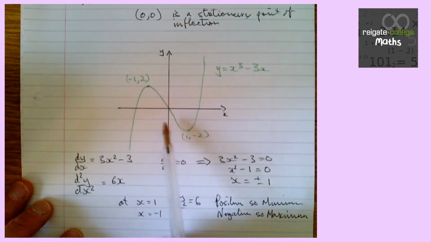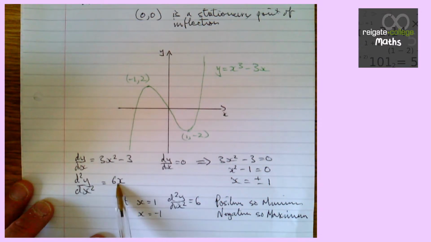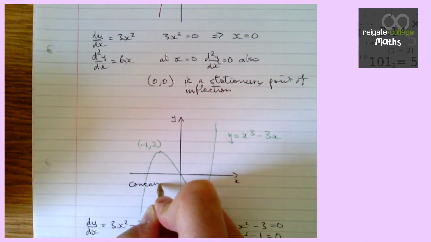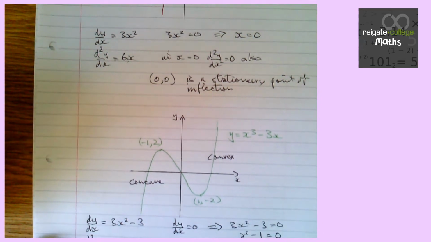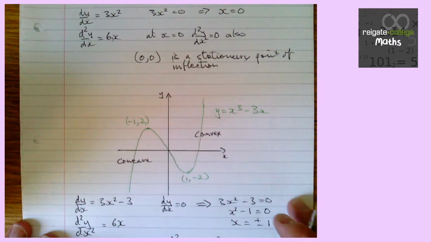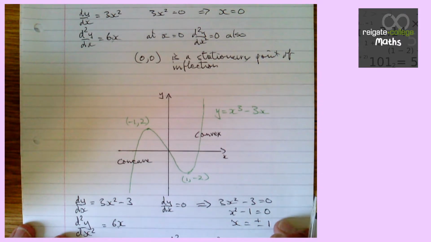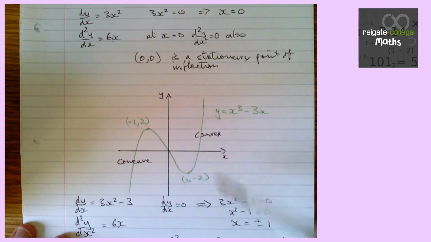Now, we can also see that exactly the same as y equals x cubed, when x is negative, the second derivative is going to be negative, and that means the graph is concave in the same area. So again, it's concave and convex. Concave and convex are quite tricky to remember, so it's helpful, I think, to keep in mind cubic graphs like this.